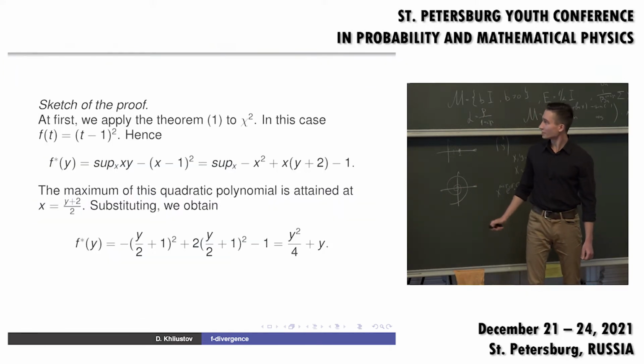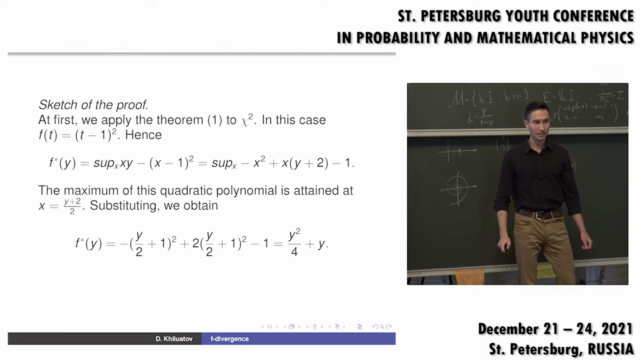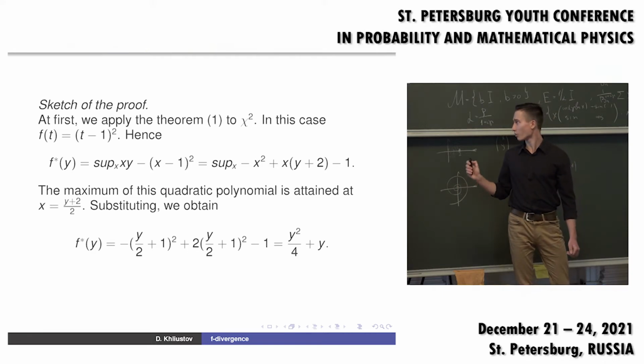So it also has nice properties and is widely applied in different fields. The proof proceeds as follows. First, apply the variational representation for chi-squared divergence. We can compute the Legendre transform for f explicitly by means of maximizing a quadratic polynomial. And f star becomes this.